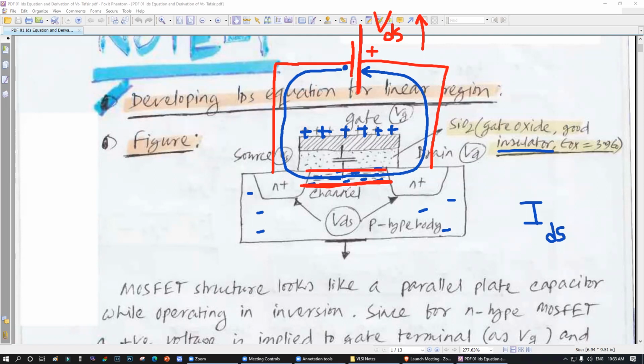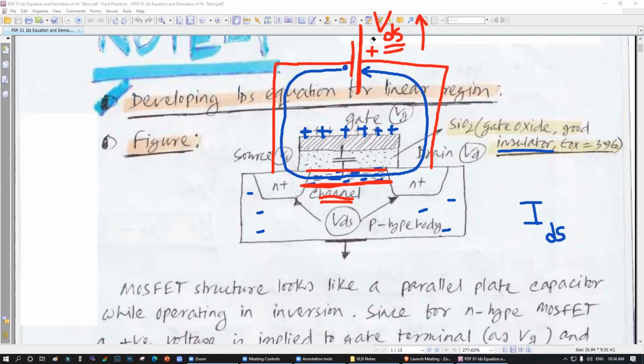If the number of cars is smaller in your VDS, then if you increase the VDS, more current will go. But once this is equal to the channel capacity, then whatever you are doing, it will not increase the current.